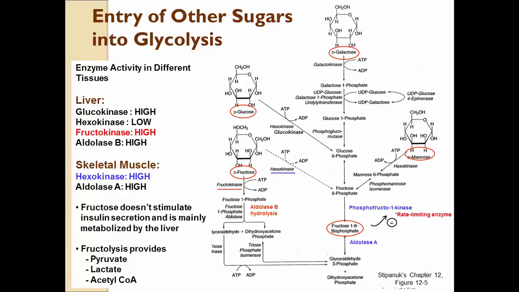The reason is that these 2 enzymes, fructose kinase and aldolase B, are highly abundant in the liver compared to skeletal muscle, where glucose is mostly metabolized.